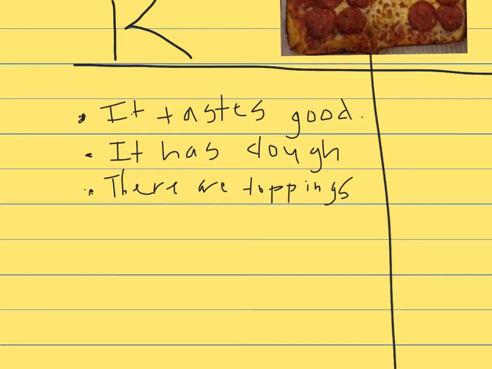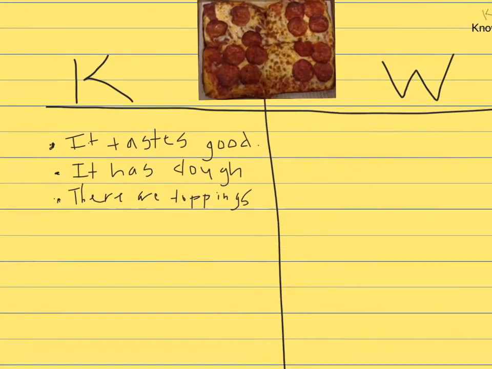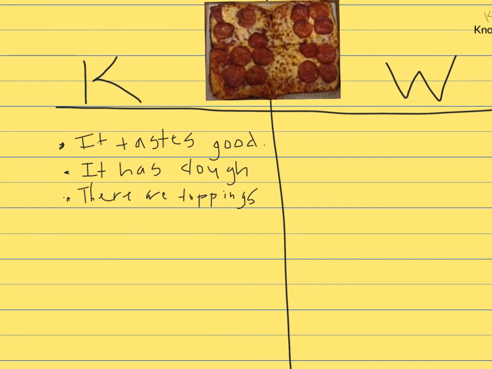Things like pepperonis, as shown in the picture here. Olives tend to be something that's put a lot on pizza as far as toppings go. Sauce is generally on pizza.